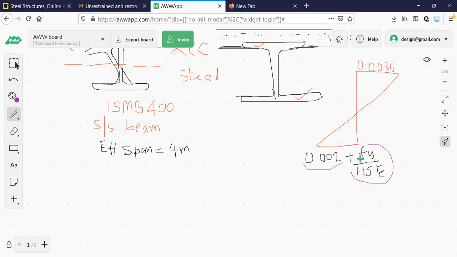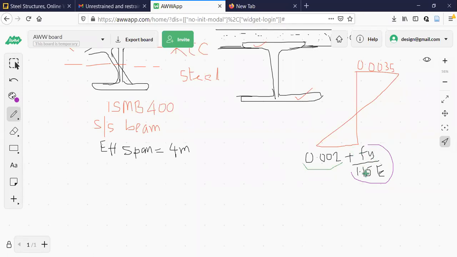I'm not sure about Fy happening in real life. Fy, let us say it is 250. Even though steel is manufactured with maximum quality control measures, still I'm not sure about 250 at the site.